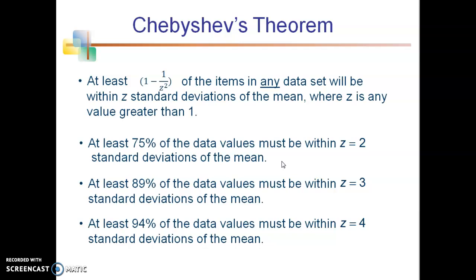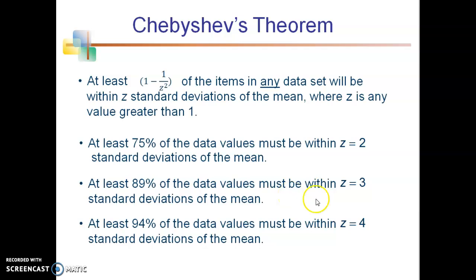Let's keep going. If we want to see what percentage of data is within 3 standard deviations of our mean, we plug in 3 here. Well, 3 squared is 9. 1 over 9 is 0.11. 1 minus 0.11 is 0.89. So 89% of our data lie within 3 standard deviations of the mean.